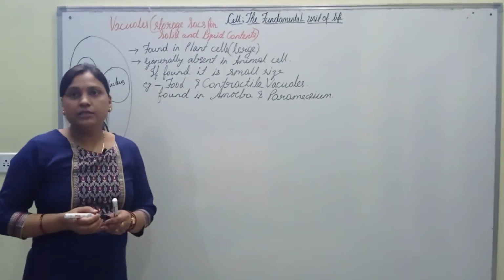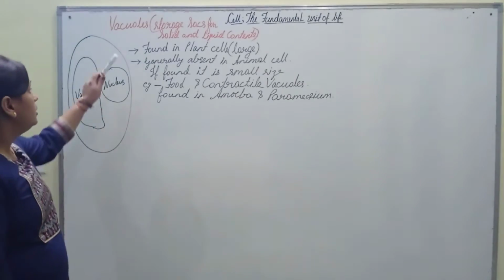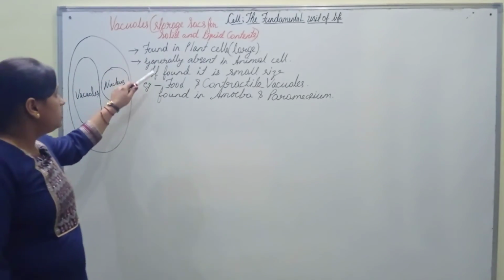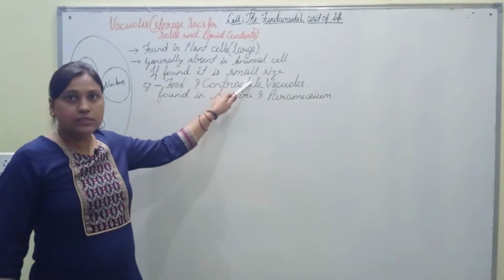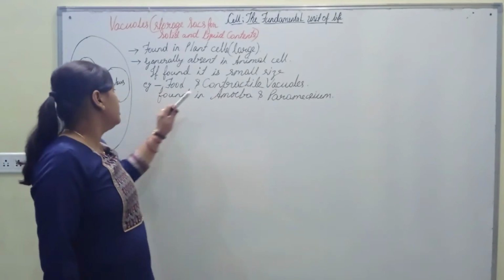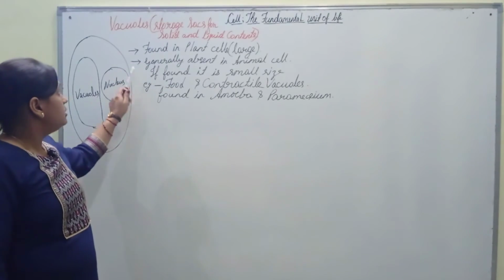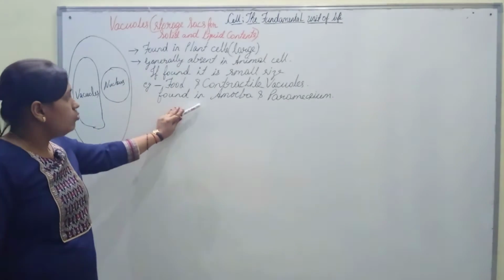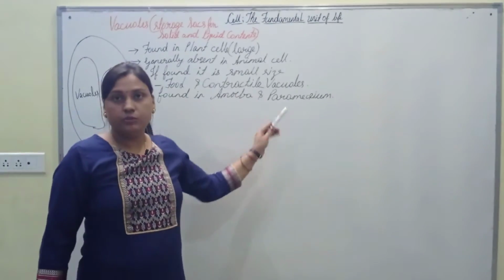So, in animal cells, these vacuoles are generally absent, but if found, they are of small size, and food and contractile vacuoles are the examples of vacuoles in animal cells, that are found in amoeba and paramecium.